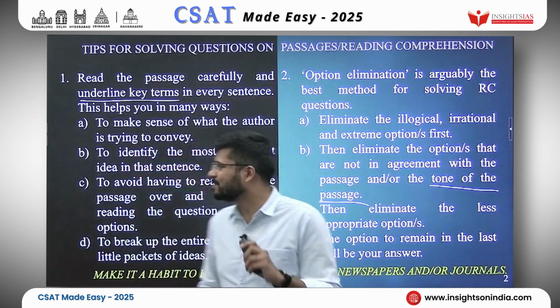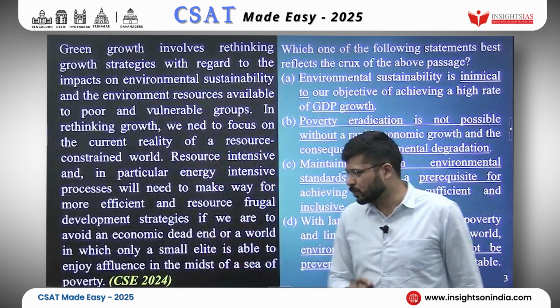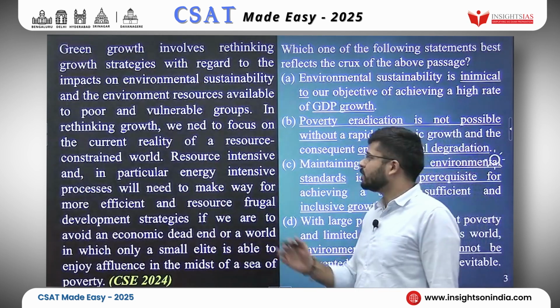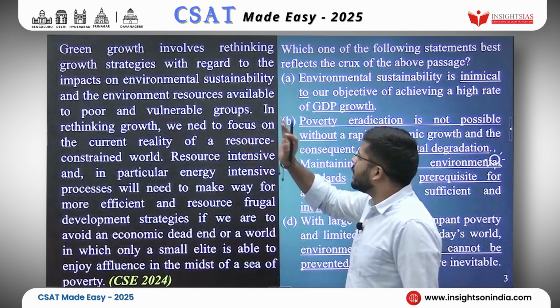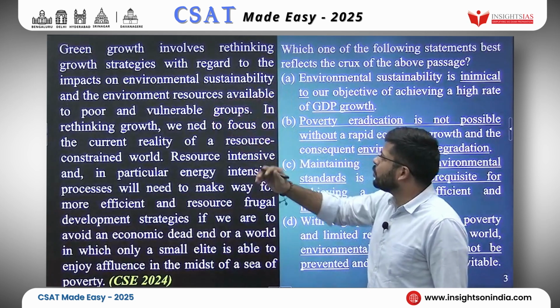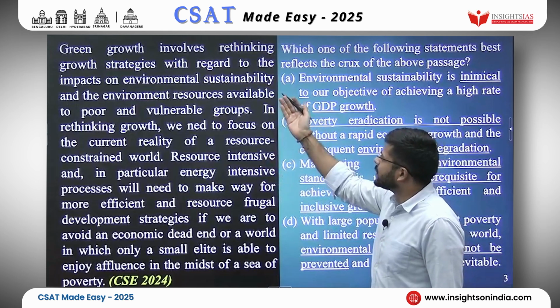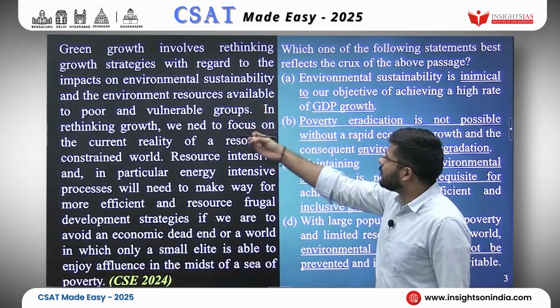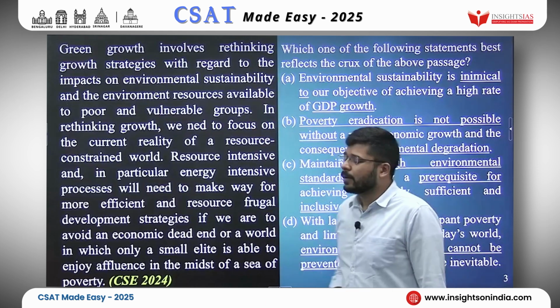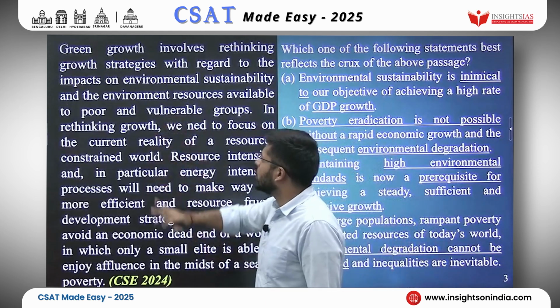Welcome once again. This is the first question. It was asked in the paper of 2024. Let's read the passage. Green growth involves rethinking growth strategies with regard to impacts on environmental sustainability and the environment resources available to poor and vulnerable groups.